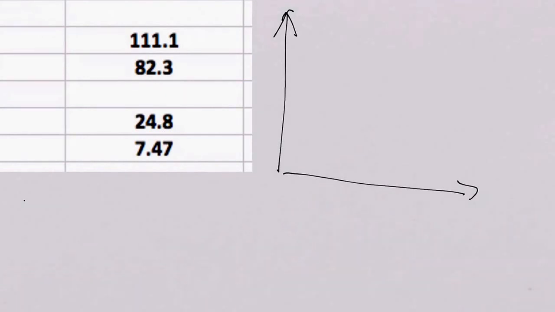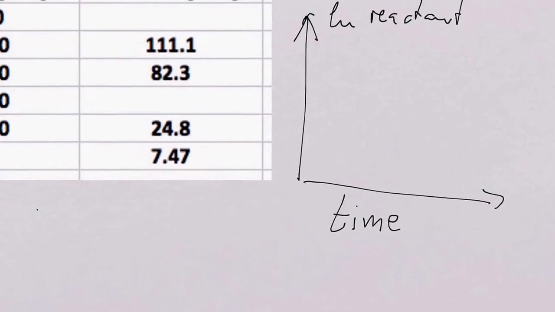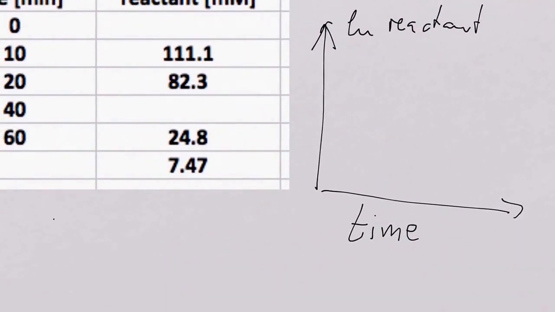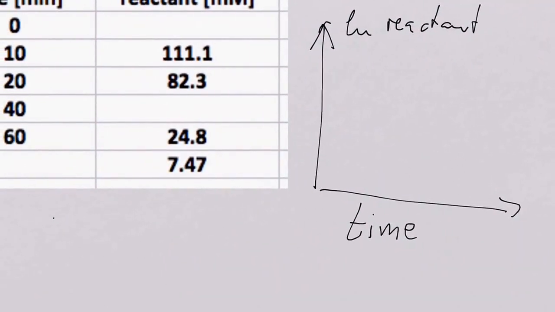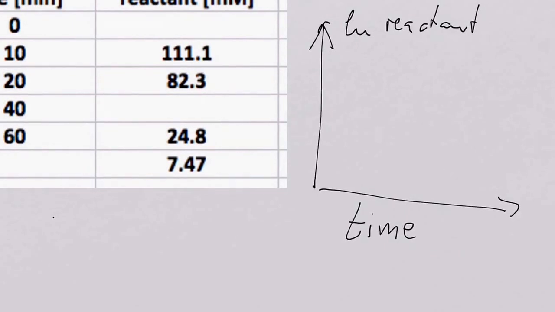So, we do exactly as you say. We draw a graph, and we know that's a first order reaction. Absolutely right. So we draw a graph like that, and obviously you will do that much nicer. My straight lines are not that straight. So we've got time and ln of the reactant. Okay, what do I need to put in terms of unit on the axes?